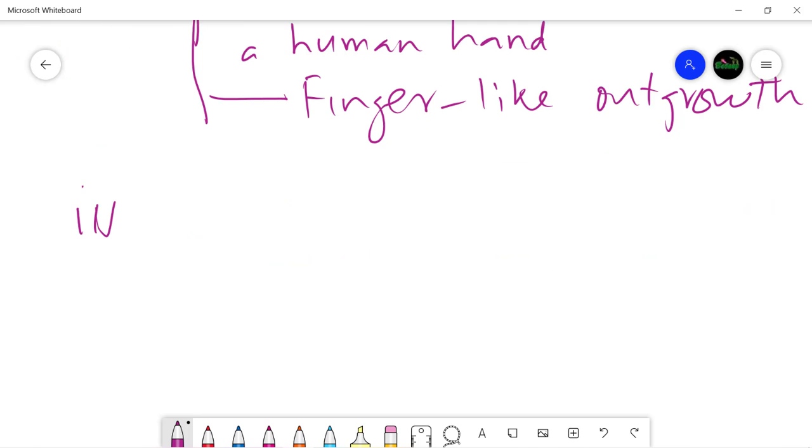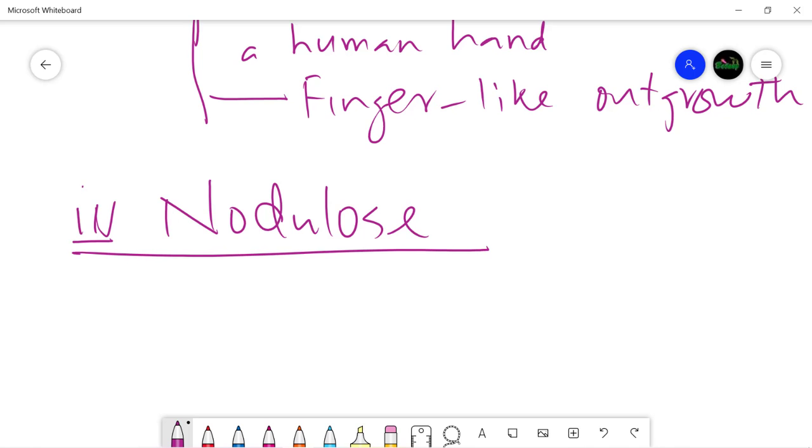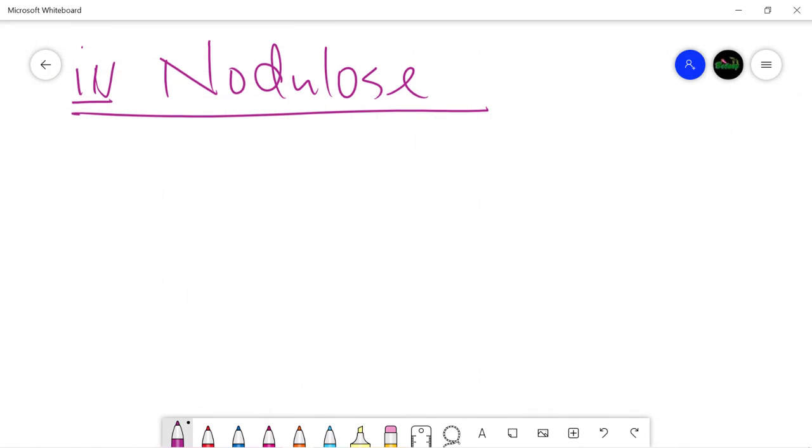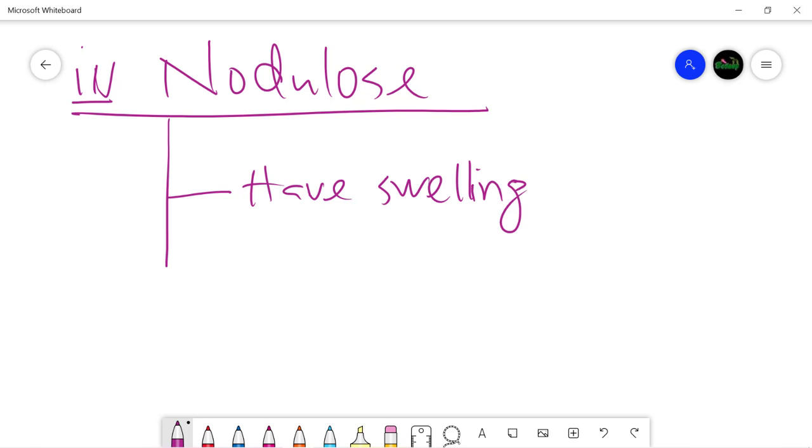The fourth one is Nodulose. So Nodulose adventitious fleshy roots. These roots, as the name indicates, nodule is for swelling. So these roots have swelling at their tips.